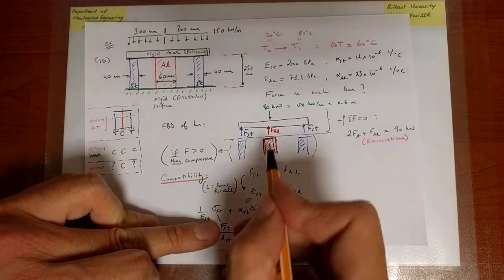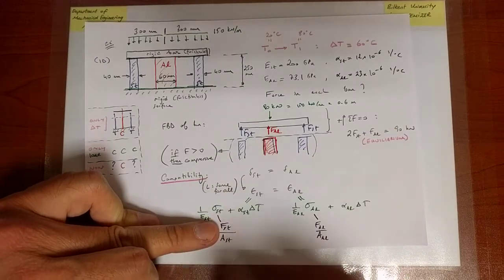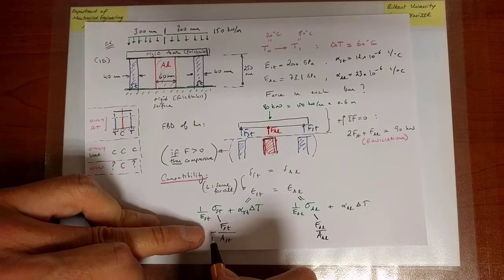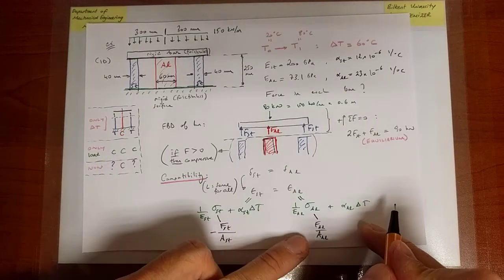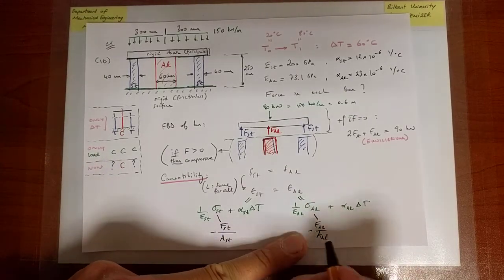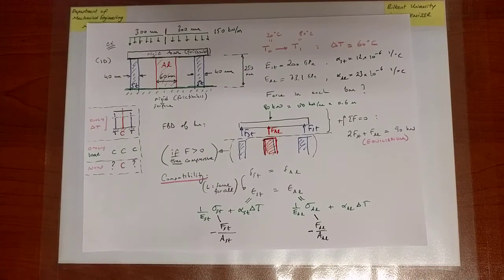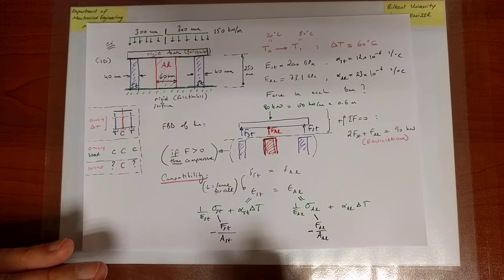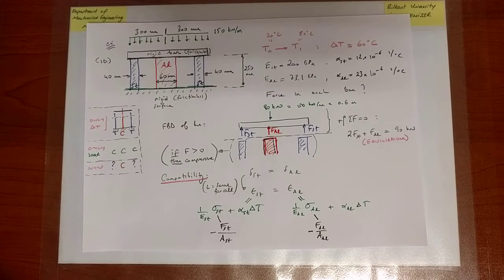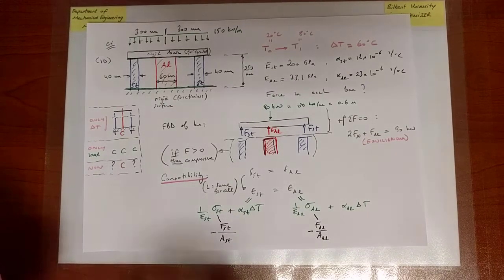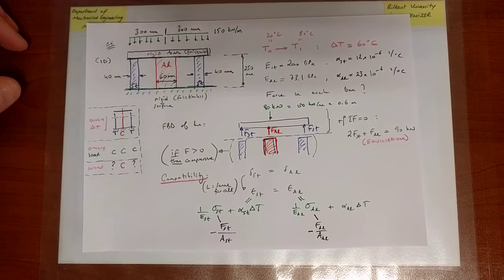It is already compression, and qualitatively I know that's compression, so quantitatively I need to go ahead and plug in that minus sign so that the stress actually is negative. So this is what we have observed before, this is what we're observing now, we're going to observe it again. You always have to use the stress in the generalized Hooke's law, with or without thermal loading, with the correct sign. Otherwise you'll end up having wrong answers.